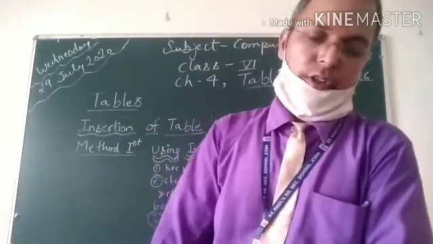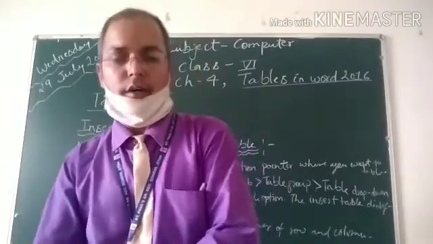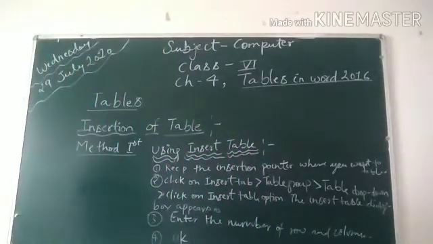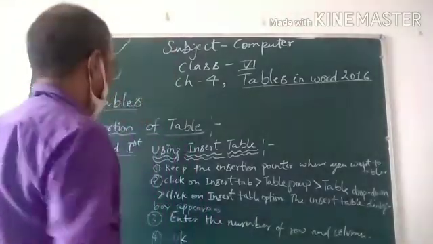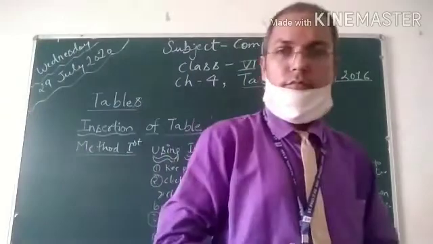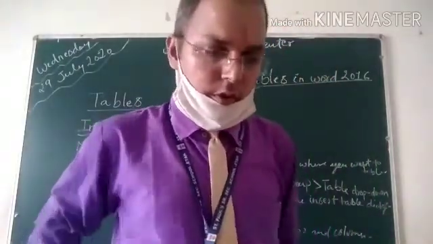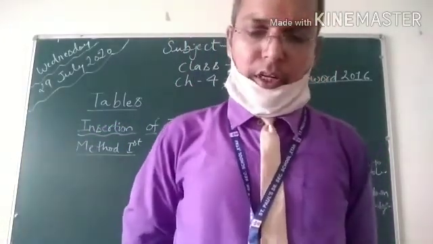This method is usually used when the previous method fails, for somewhat larger tables. So here is figure 4.3, the Insert Table dialog box, and figure 4.4, the table inserted.